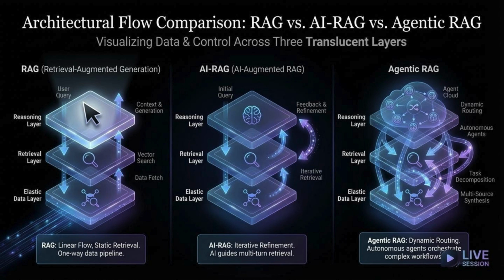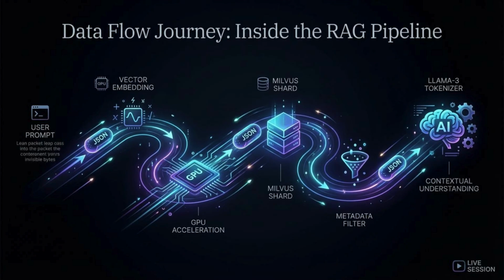Use RAG for simple document search, use AI RAG for complex question answering, and Agentic RAG when the system must think, plan, and act. Understanding these patterns is critical for AI system design interviews and real world production systems.